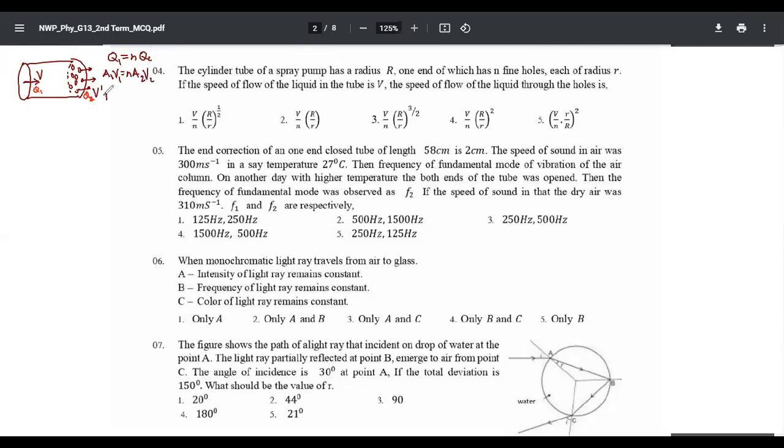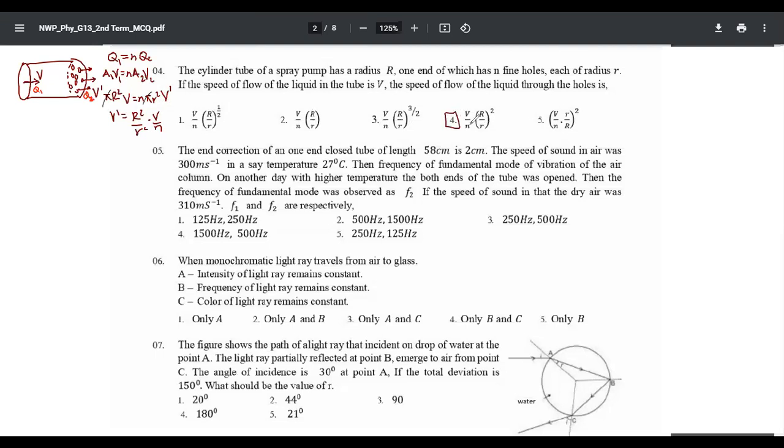So A1 is pi capital R squared, times v, equal to n times A2, which is pi small r squared, times v2, which is what we are supposed to find out, v dash. Hope you can understand that. Pi will get cancelled off, and finally v dash is equal to R squared over small r squared into v over n. What is the answer, people? Do we have an answer like that? I can see v over n.